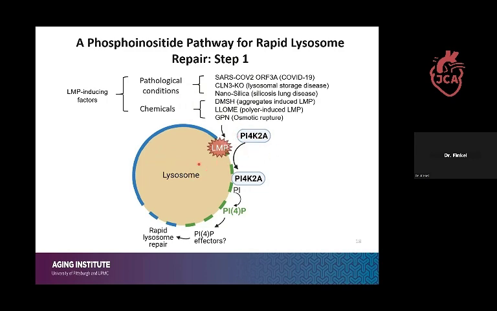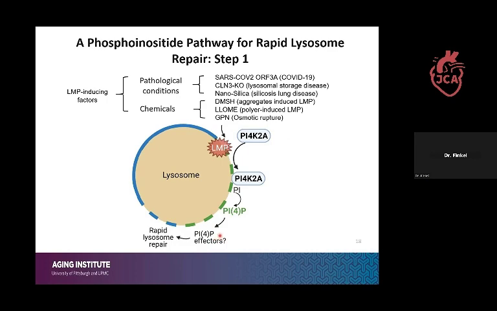We believe that it's through the release of lysosomal calcium as a signal, but we don't completely understand all the signals that allow 2-alpha to be recruited to the surface of the lysosome. But this recruitment then is able to activate the kinase and generate this new lipid on the surface of the lysosome, PI4P. And the question is, what happens next?